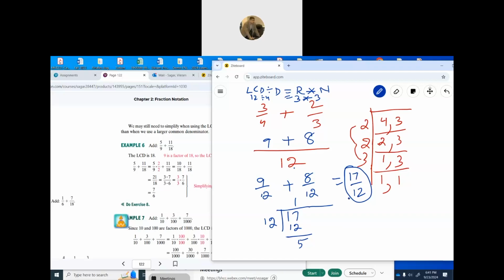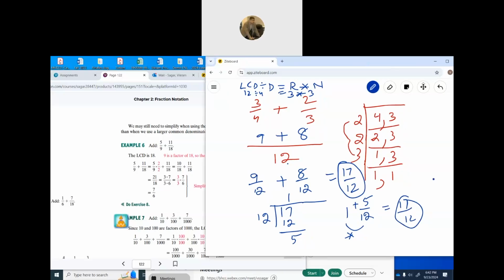So how are you going to write the answer as a mixed number? You're going to say 1 and 5 over 12 here, right? And if you wanted to go back, what do you do? 12 times 1, which is 12, plus 5, which is going to be 17 over 12, right? You're going to go back to this number.